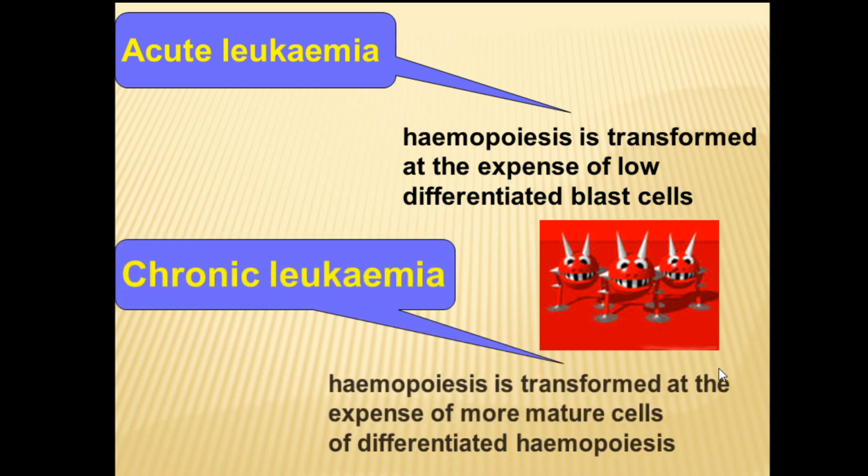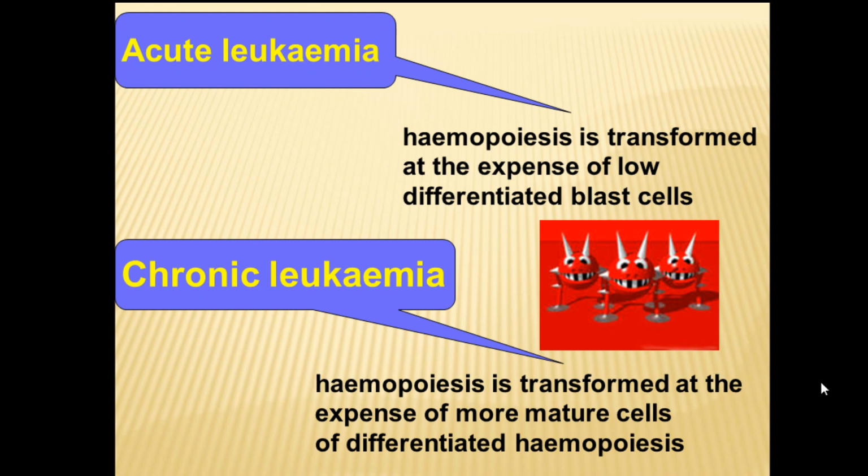Chronic leukemia: hematopoiesis is transformed at the expense of more maturated cells, and some cells have functional differentiation.